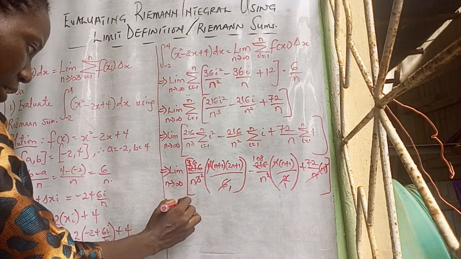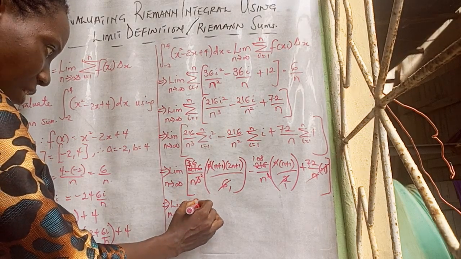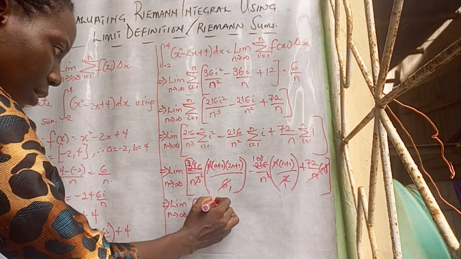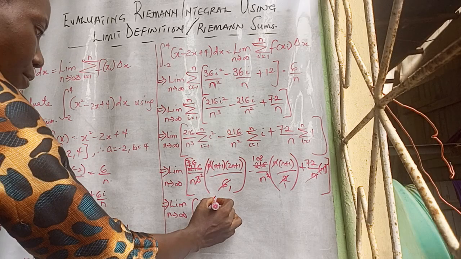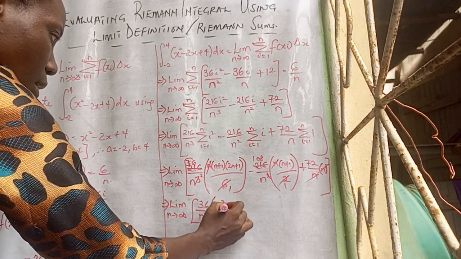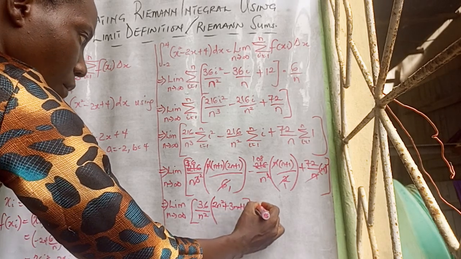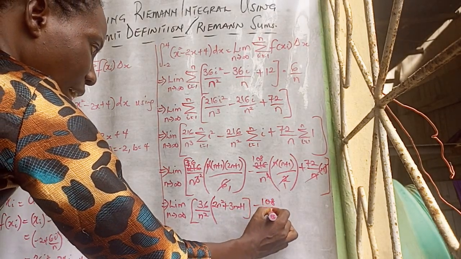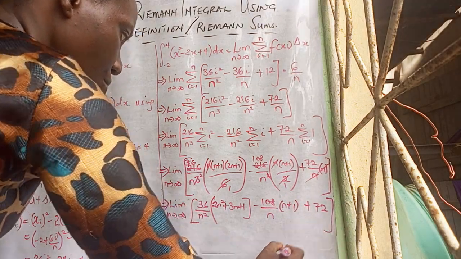We have the limit as n tends to infinity of 36 over n squared. By the time I open that bracket, I have 2n squared plus 3n plus 1, minus 108 over n into n plus 1, plus 72.